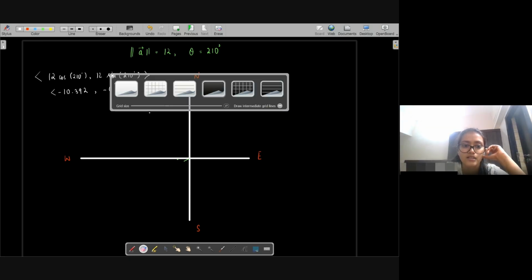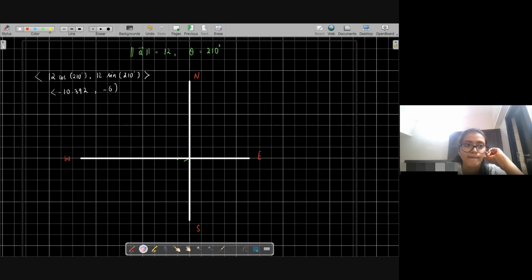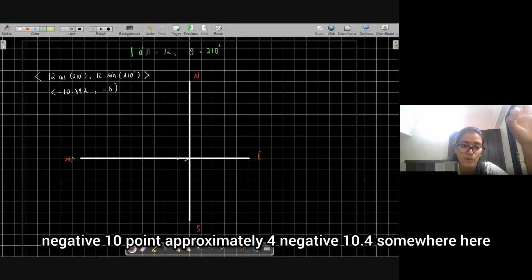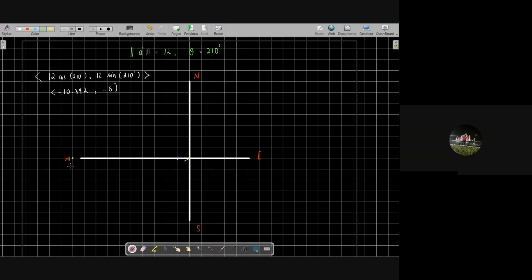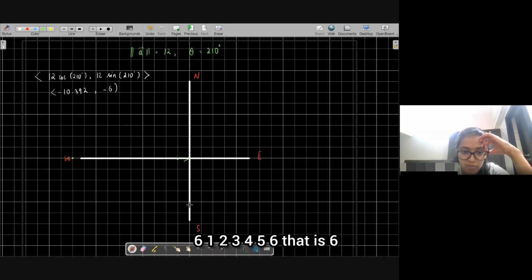I'll get the grids. Negative 10, 1, 2, 3, 4, 5, 6, 7, 8, 9, 10, comma, approximately negative 10.4, somewhere here, comma negative 6, 1, 2, 3, 4, 5, 6, this point.